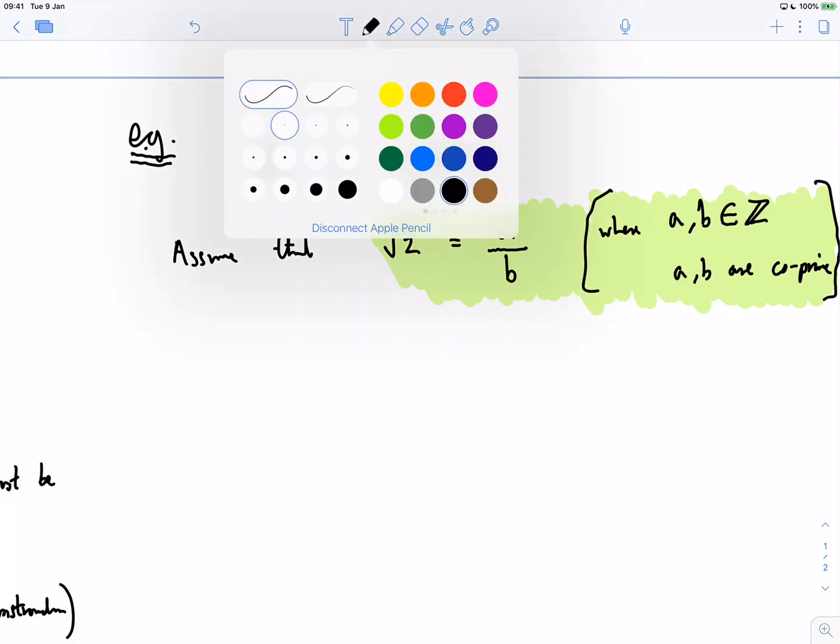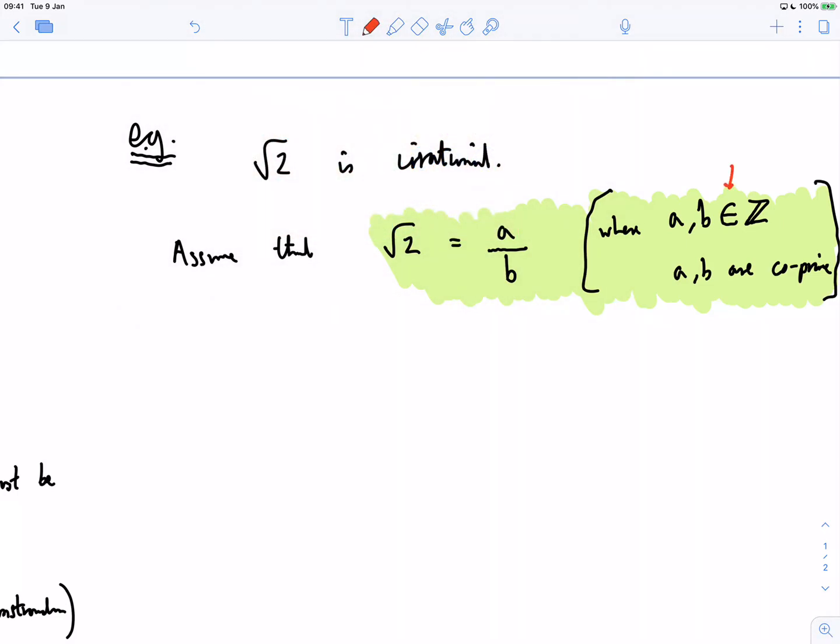What is it I've just said? Well, this symbol here is set notation, and it reads belongs to the set of, and this Z with the extra line, this italicized Z, is the set of integers. So what that's essentially saying is a and b belong to the set of integers.